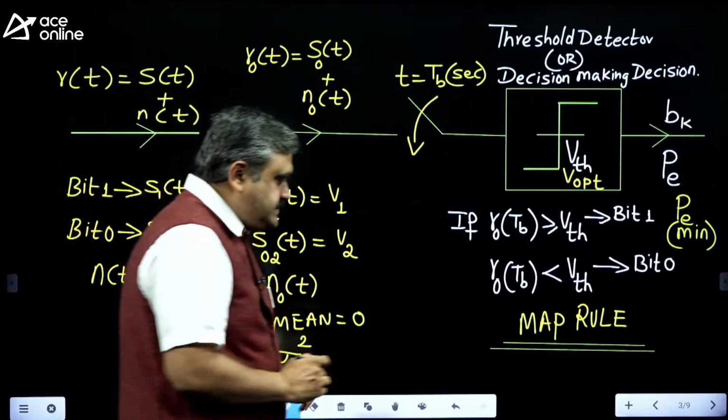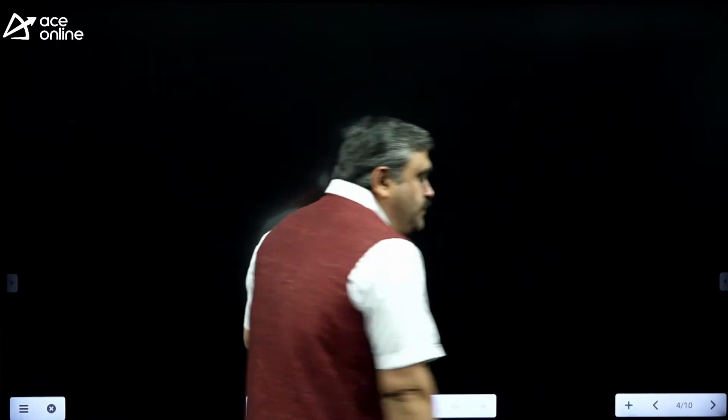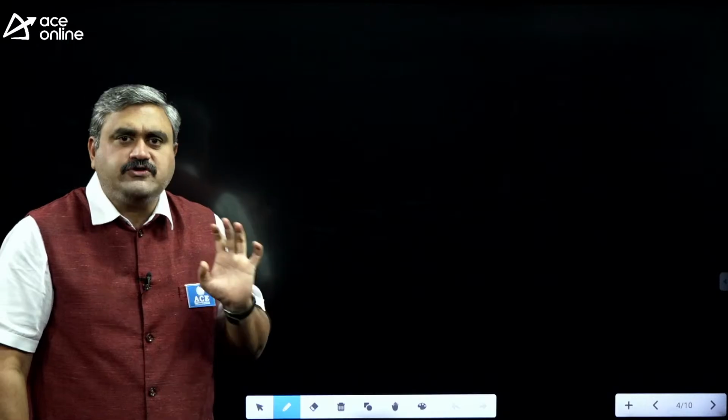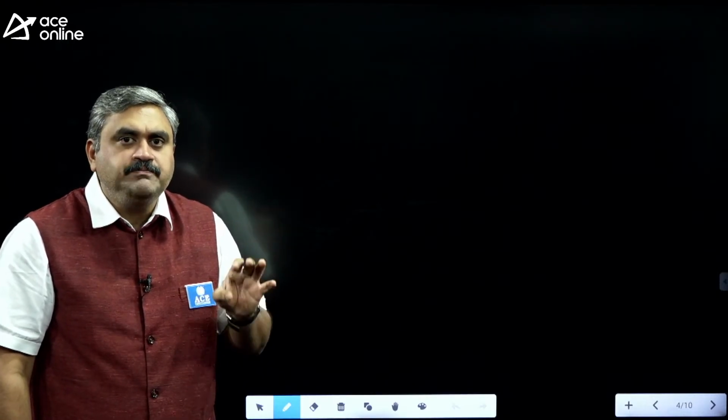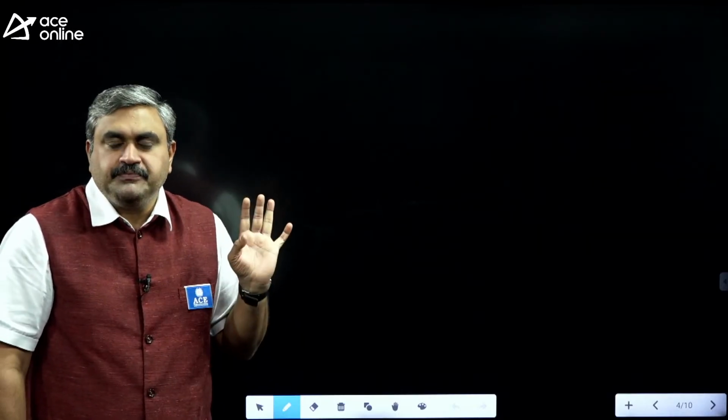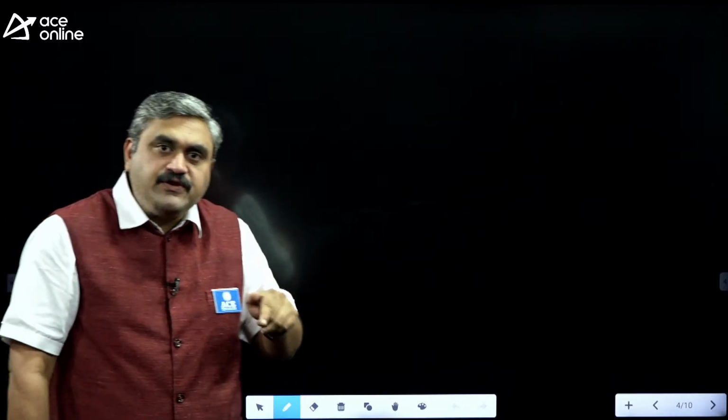Now see this. Your input noise is additive white Gaussian noise whose mean value is 0 and whose variance is sigma square. Input signals are either S1 or S2, if it is bit 1 or bit 0.